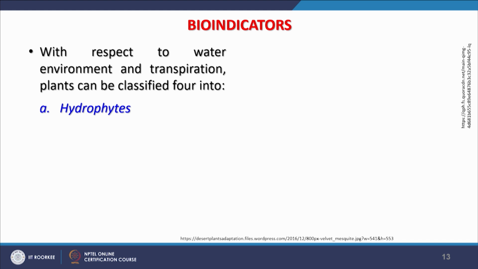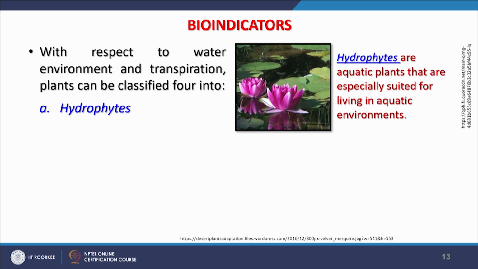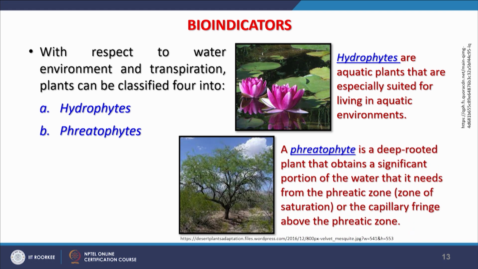So, hydrophytes are one type of plants which are aquatic plants, grow in the water, and are especially suited for living in an aquatic environment. And we know in India a very famous plant, the lotus, is a hydrophyte. Now, phreatophytes are deep rooted plants, and deep root means they are looking for water at deeper conditions.